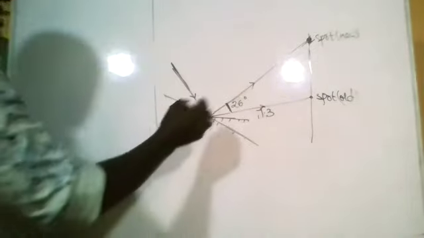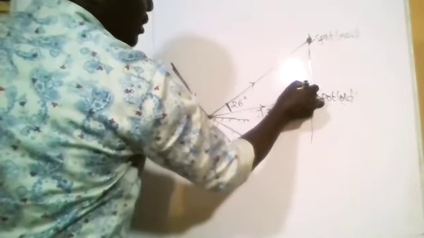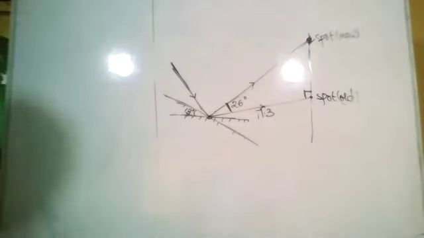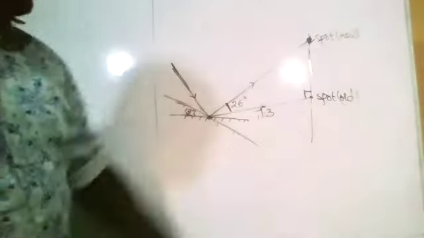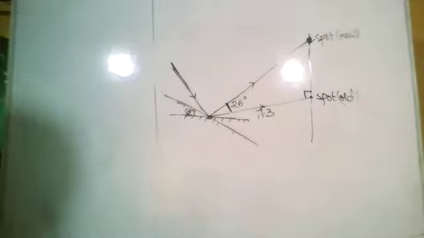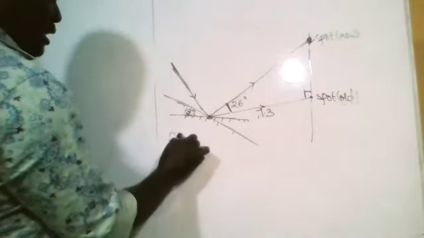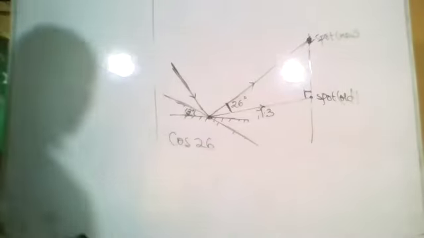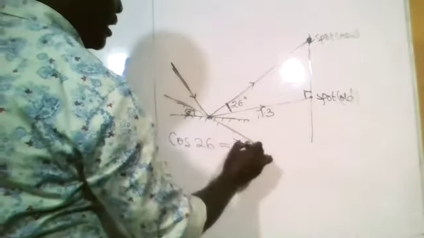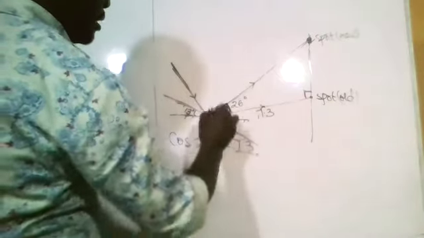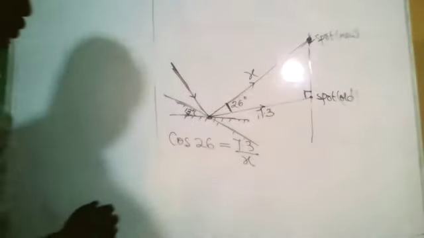So in most cases, if all other angles are not provided, then the first reflected ray is perpendicular to the screen. All right, so the appropriate trig ratio to use is cosine. Cos 26 degrees will be equal to 7.3 over x, where x is the distance between the mirror and the new spot.